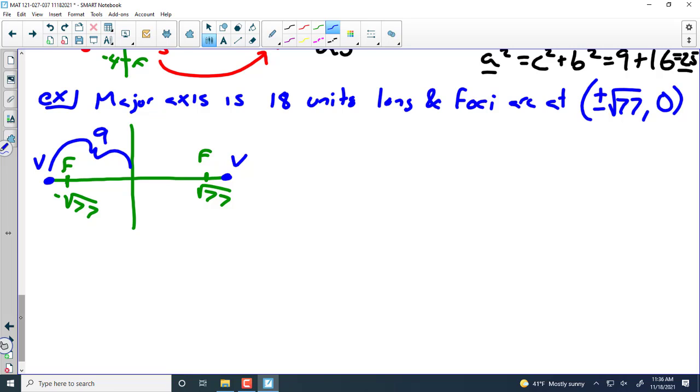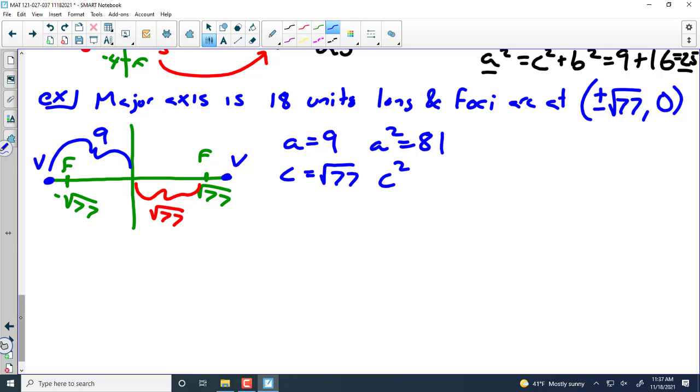All right, so what do I know? A is 9, because that's the major axis, therefore I know a squared is 81. I know that c equals the square root of 77, and therefore c squared is just 77.